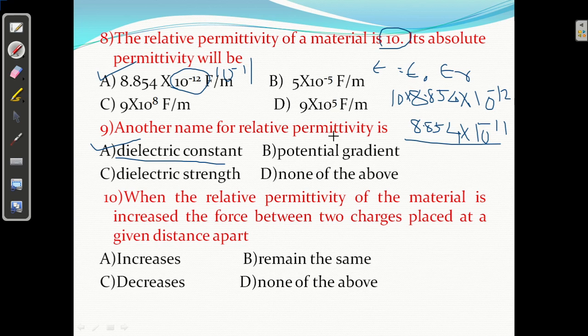And the last question we have: when the relative permittivity of the material is increased, what happens to the force between two charges placed at a given distance?